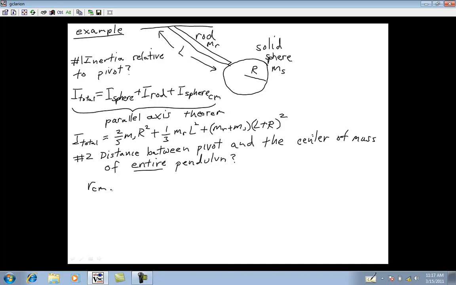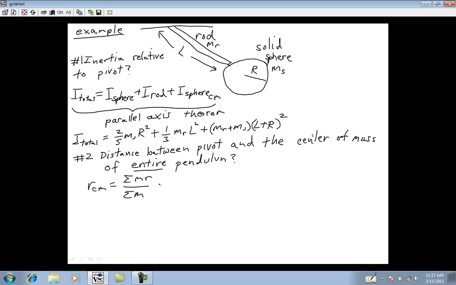I wanted to throw this in when it was more appropriate, and this is an appropriate time. That equation is from your equation sheet. You take the sum of all the masses and their distance from a particular point, in this case relative to the pivot, and divide that by the masses.